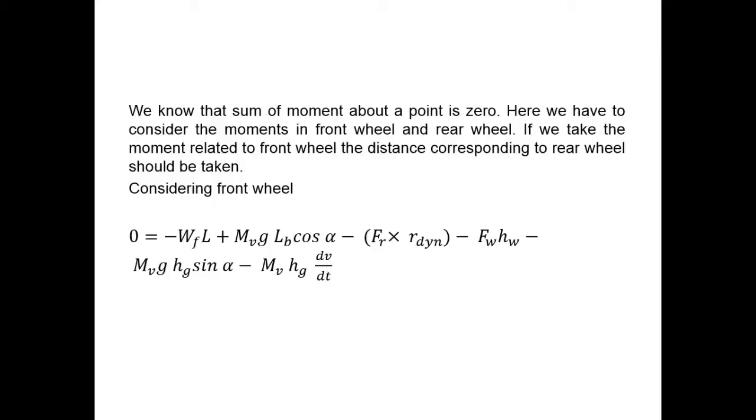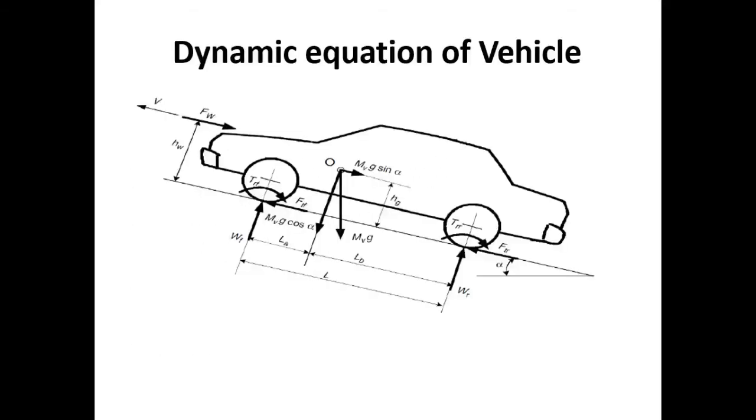A component of weight MV g cos alpha is acting vertically downwards, and the reaction component Wf is acting upwards, because the ground exerts an upward force on the vehicle, which is called the reaction force. Wf is the reaction force on the front wheel and Wr is the reaction force on the rear wheel.